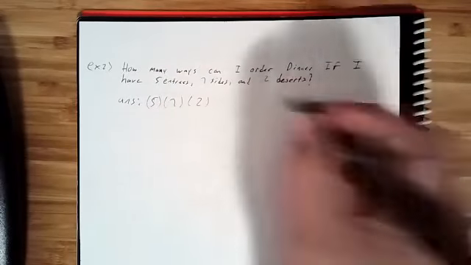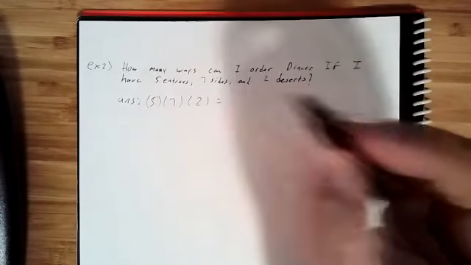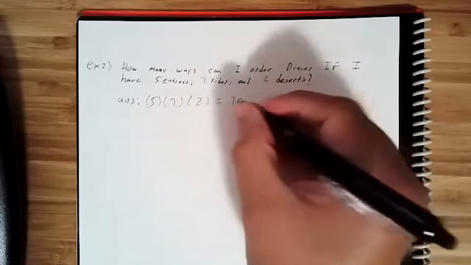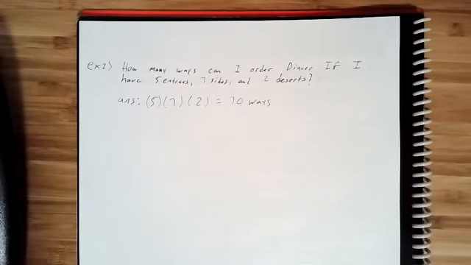This is the total number of ways that you can order dinner. So 5 times 7 is 35, times 2 is 70 ways. So this is in essence the multiplication rule. If you know how many ways event 1 can happen, event 2 can happen, event 3 can happen, the total would be the multiplication.